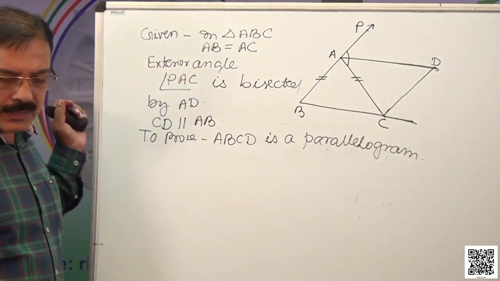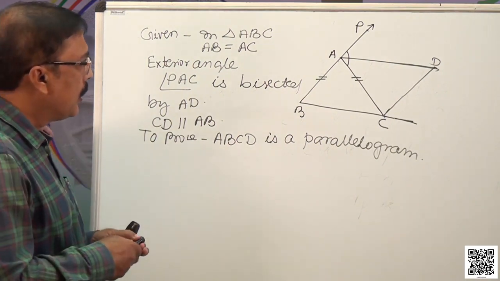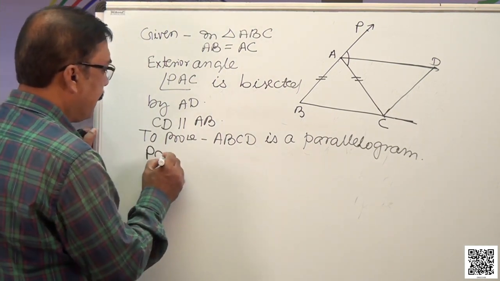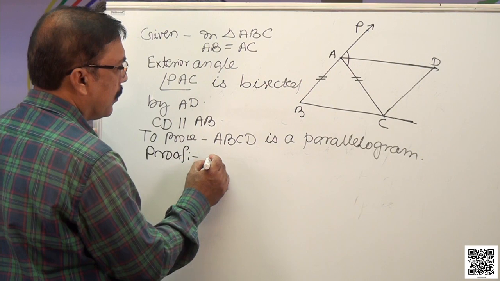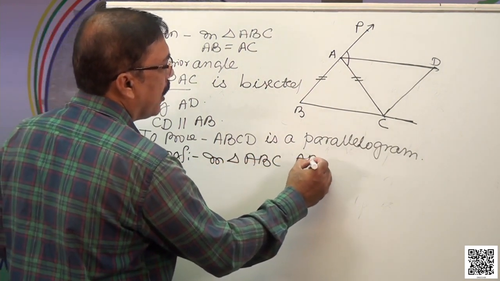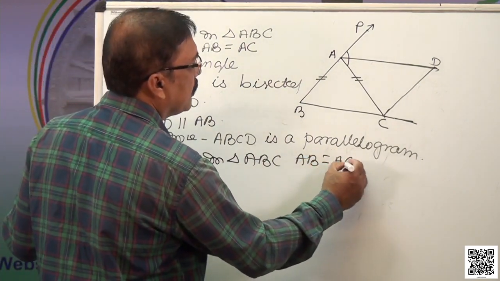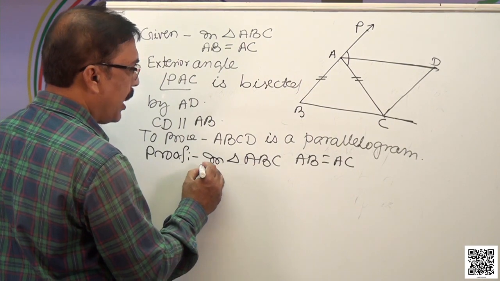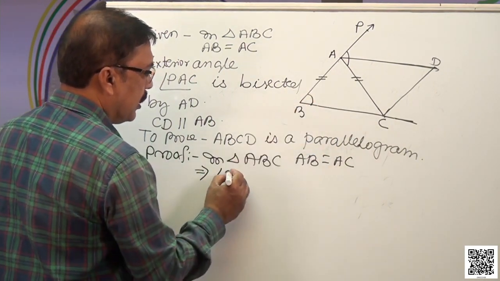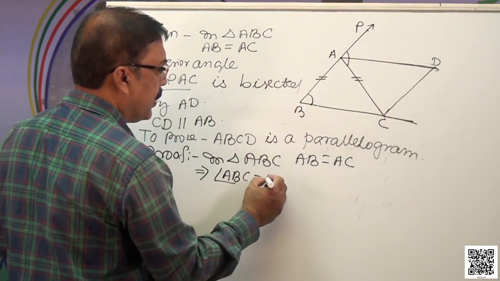Now, how to prove it? Let us see. As in triangle ABC, AB is equal to AC, this implies angle ABC is equal to angle ACB.